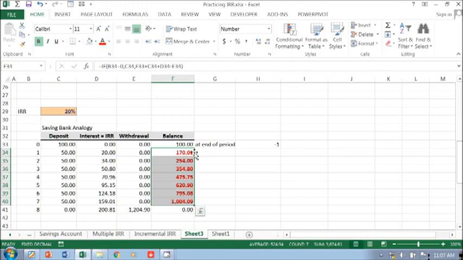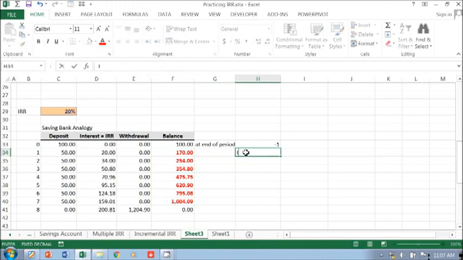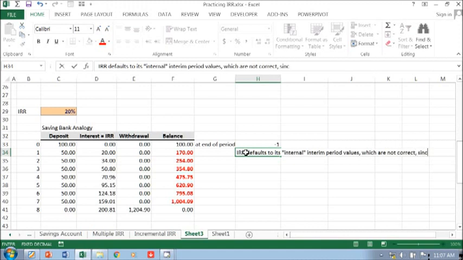Basically, the IRR defaults to its interim period value, which is not correct since they are not market-based values, unless of course the case is a savings bank account.